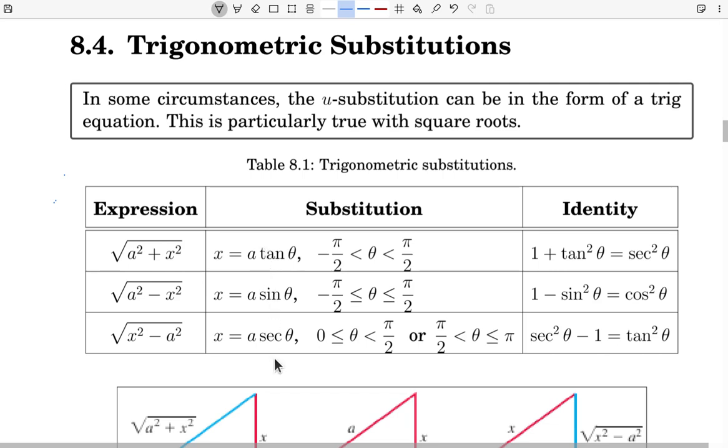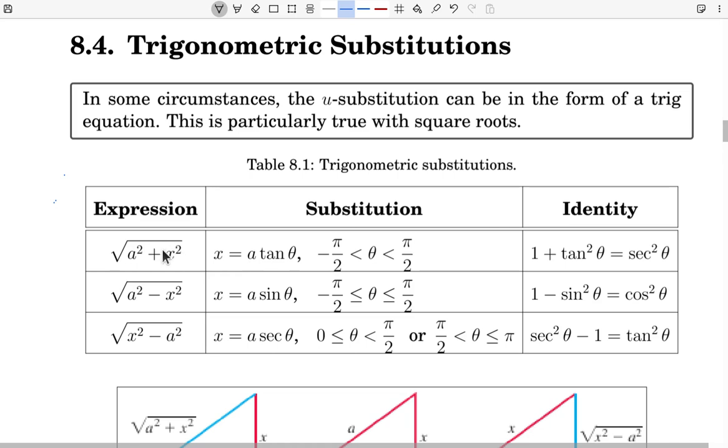Now, I'll explain geometrically how these are made. For this radical, x can be any number, so it can be very small, negatively, and around zero, and also can be very large, so x can be replaced by a tangent theta with a scaling.